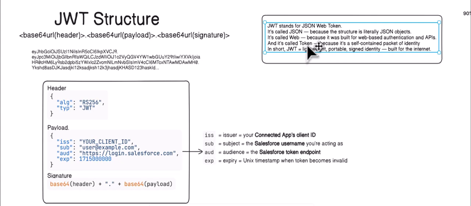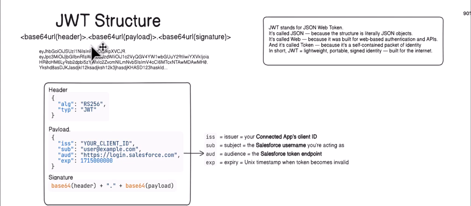That's why it's called a token. So that is the reason it's called JSON Web Token. That's the meaning of the full name. In short, it's a lightweight, portable, and signed entity built for the internet.